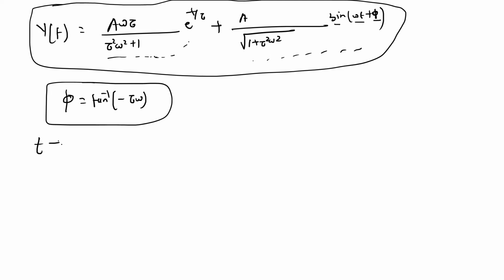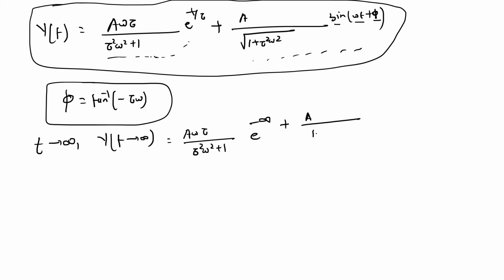So at t tending to infinity, I want to find out y. That is equal to A omega tau upon (tau square omega square plus 1) into e to the power minus infinity, plus A upon root over 1 plus tau square omega square into sine(omega t plus phi).